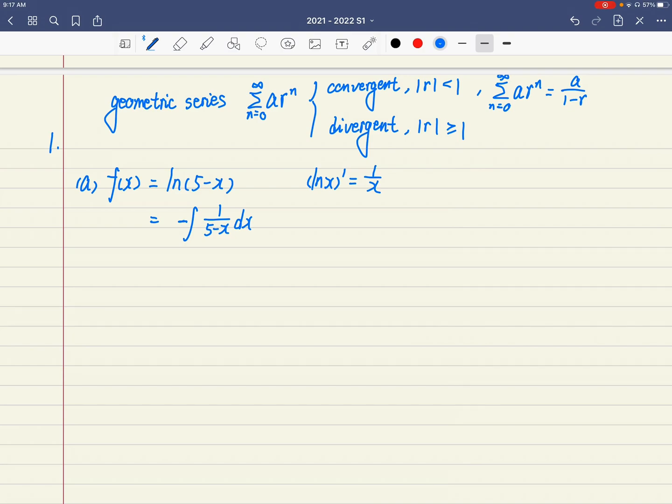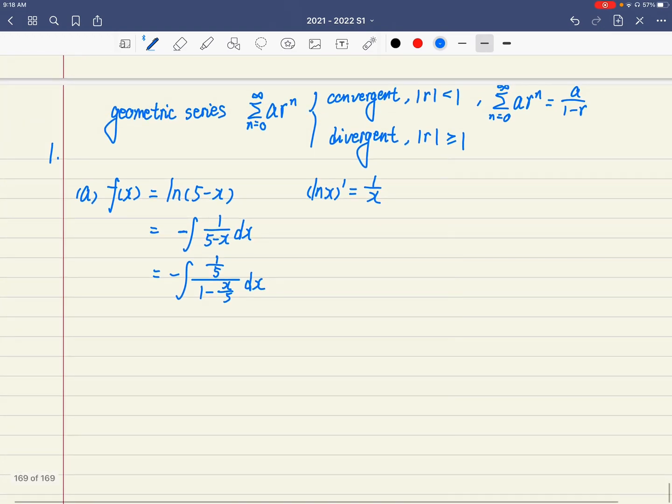So inside this integration, we can change it. So now this is a, I want this part to be 1. Here now I have 5, so I divide the top and the bottom by 5. Okay, I can do that. So now it looks exactly like a over 1 minus r.